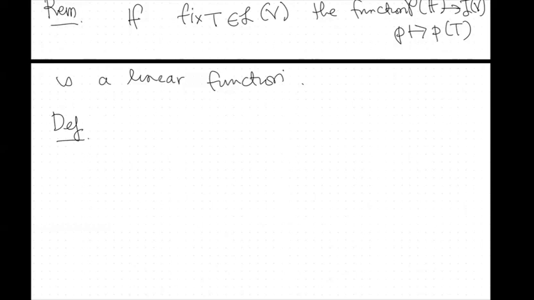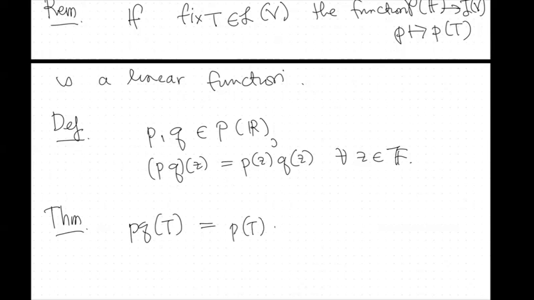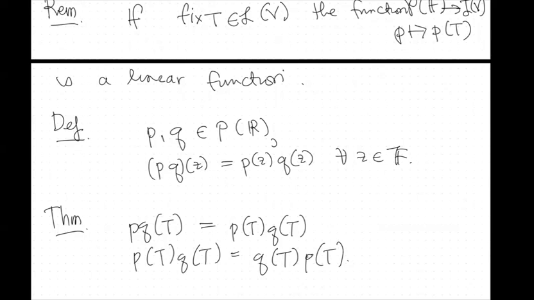So we define the usual notion of products. If p and q are polynomials with coefficients in F, then (pq)(z) is just equal to p(z) q(z) for all z here in the field F. And we have a proposition here: (pq)(T) is equal to p(T) q(T), and p(T) q(T) is equal to q(T) p(T).